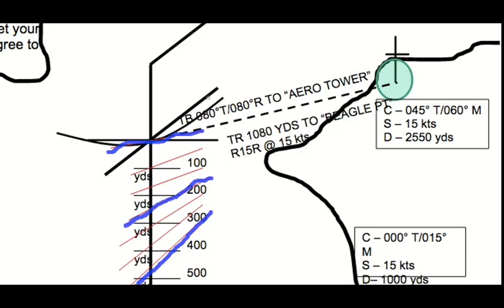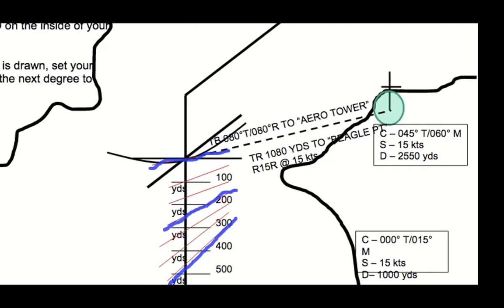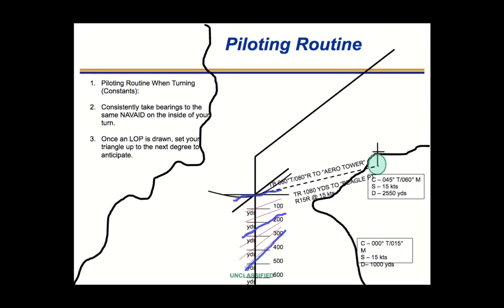For example, if we are left of track and we want to regain track, we would turn closer to this part of the slide bar if we're left of track right here. Or if we're right of track, we might want to turn a little bit later, so that turn bearing won't be perfectly accurate. So something to think about, but this does provide us a great way of making sure that we have good SA on approximately where the ship is, even if we don't have time to take a fix.